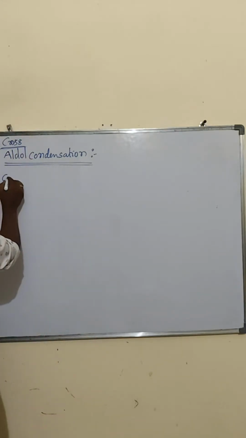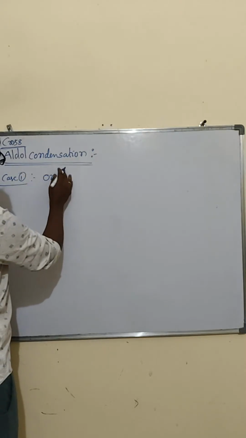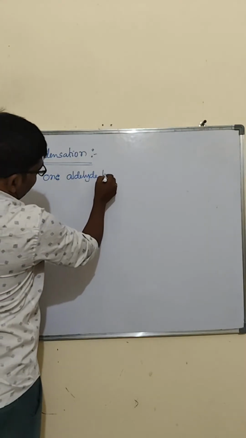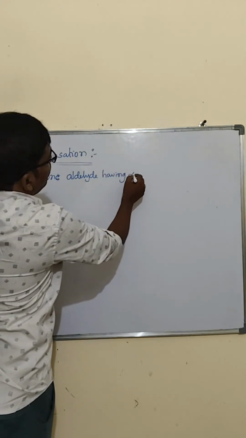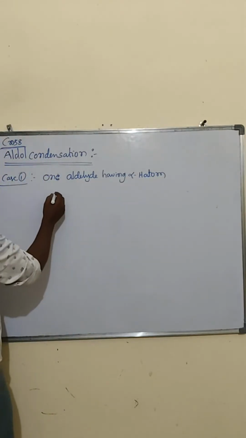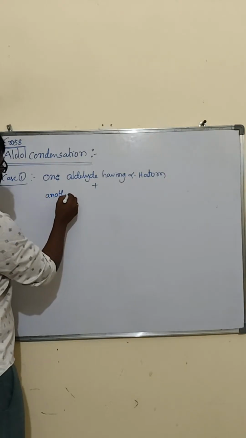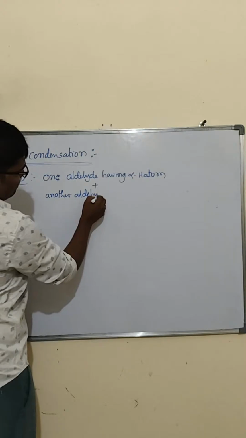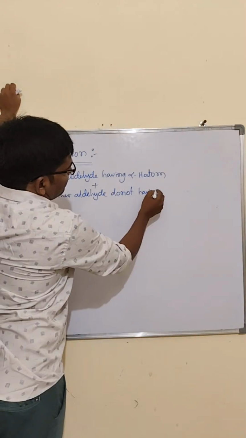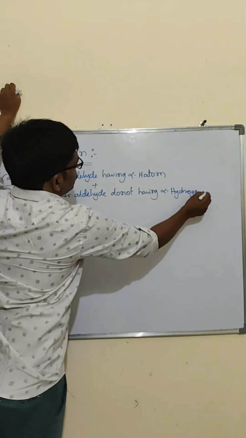The case number one: one aldehyde having alpha hydrogen atom, another aldehyde not having alpha hydrogen atoms. So this is one case.